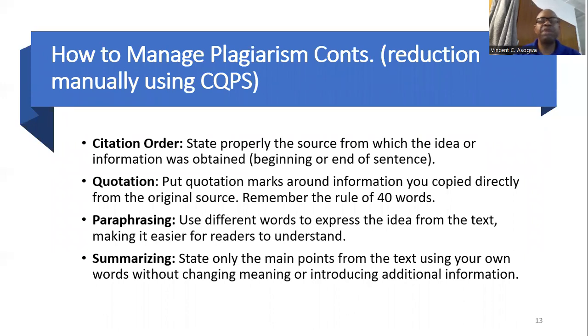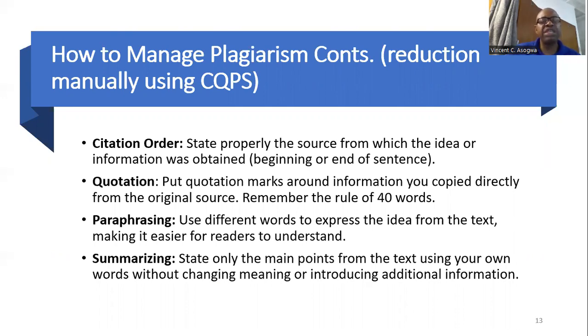Then how to manage plagiarism continues, but in this case it's reduction manually. How you will reduce plagiarism manually. In this case, we have CQPS. CQPS. The C is citation order. State properly the source from which the idea or information was obtained.